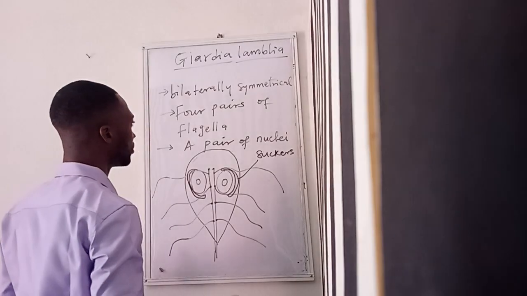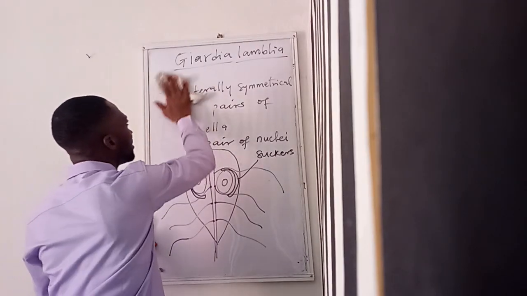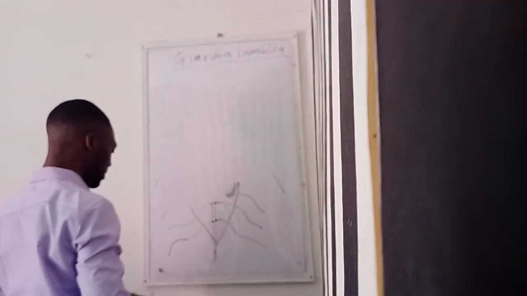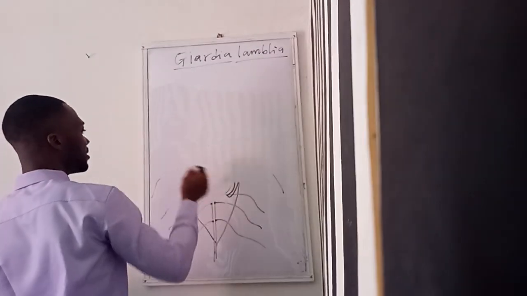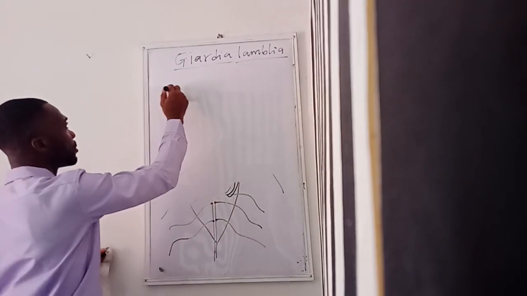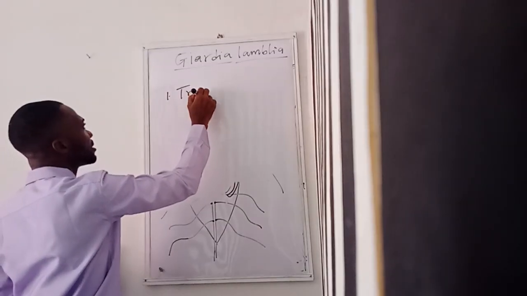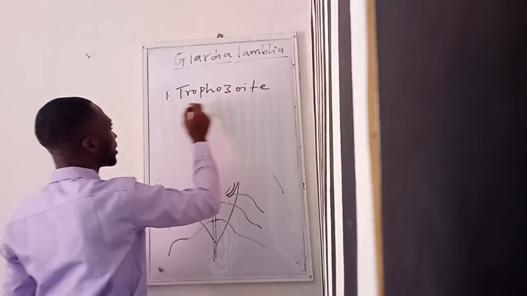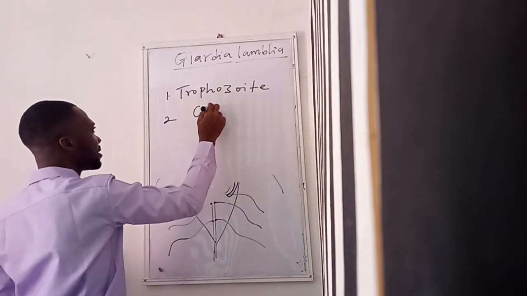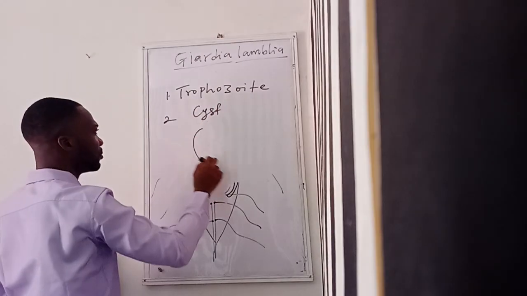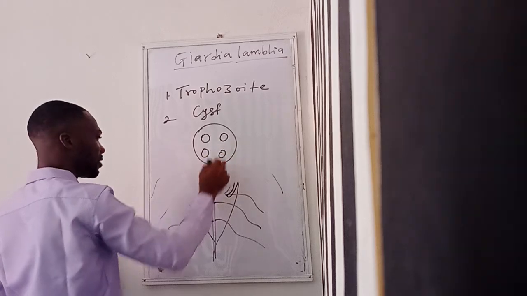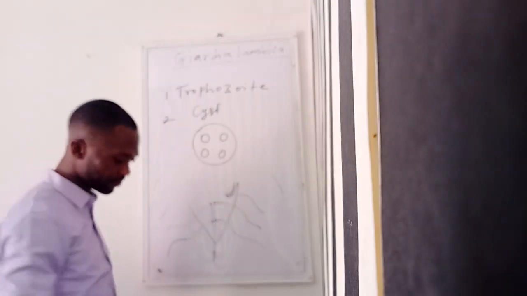It's important to know that this parasite exists in two different forms. It can exist as a trophozoite, and it can also exist as a cyst. So what I drew is the structure of the trophozoite.